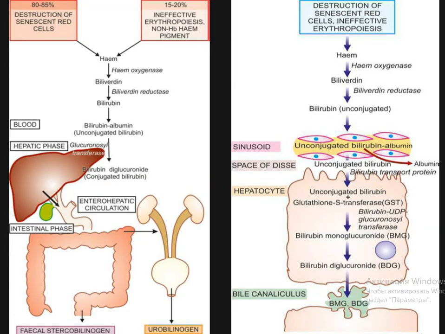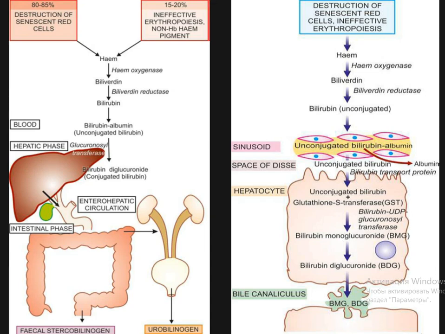I don't have time to focus on normal bilirubin metabolism. I hope you remember up to 80 to 85% of bilirubin is derived from old erythrocytes, which are removed from the circulation by mononuclear phagocytes of the spleen, bone marrow, and liver.